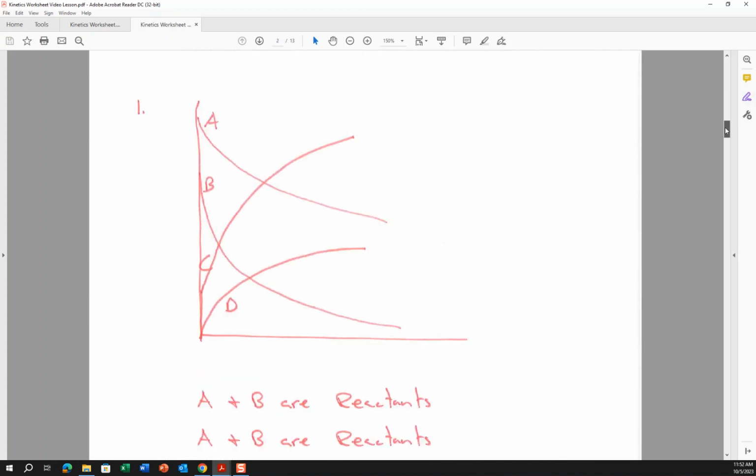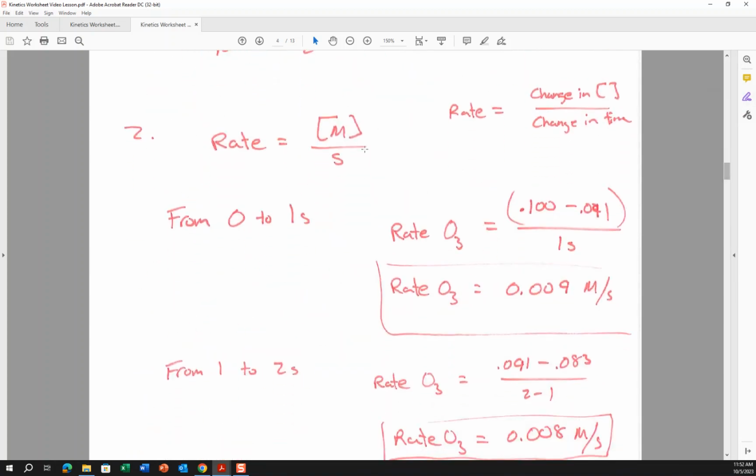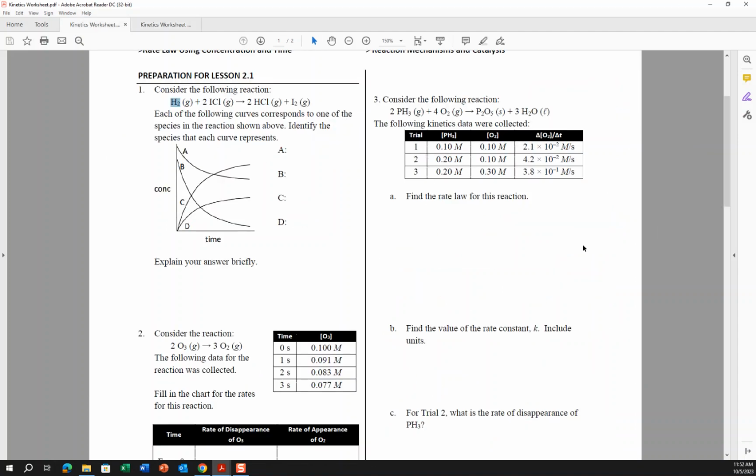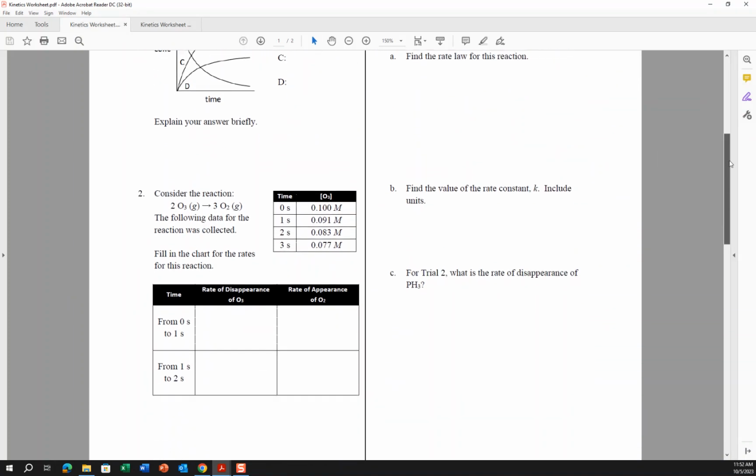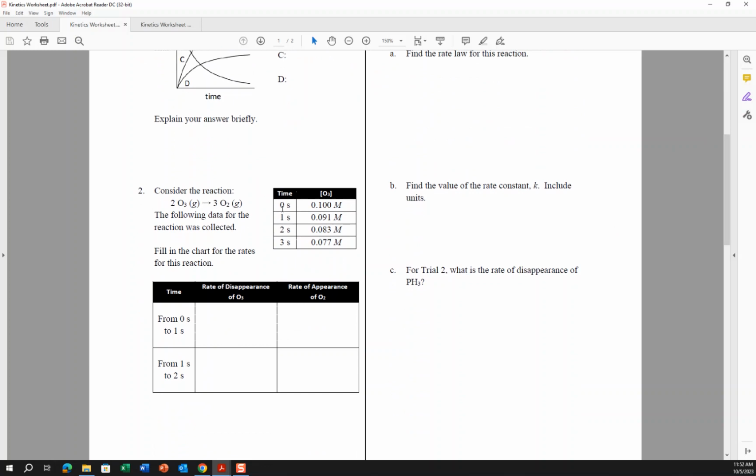So what we're going to do to calculate the rates is, in this case, they want concentration over time. And so what it really is, is the change in concentration divided by the change in time. Okay, so if we look at the data, let me go back to the worksheet here, and I'll zero in. The first rate we're looking for is 0 to 1 second. So the change is going to be 0.1 minus 0.091, and the change in time is 1 second.